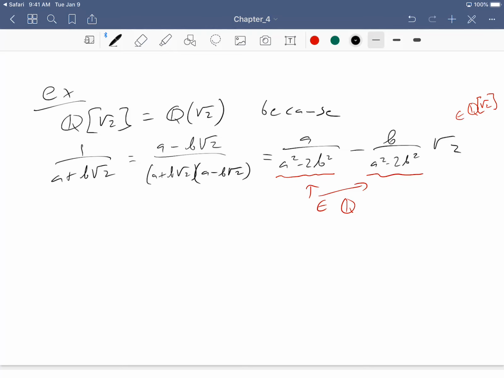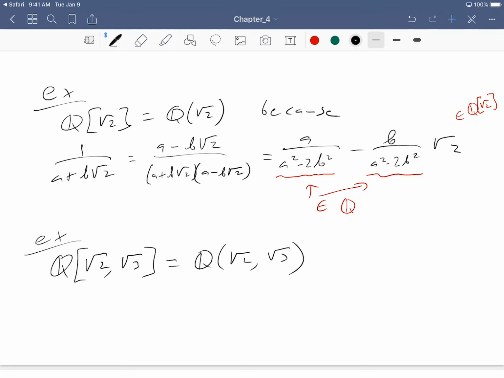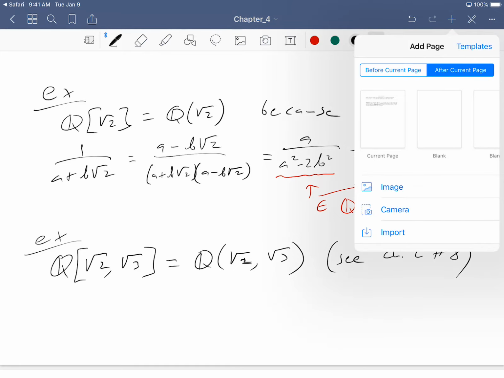Okay, another one that we know is Q adjoin root 2 and root 3 is already a field. And this was one you did for homework, so it was chapter 2, number 8 in the textbook. Okay, so that's another place where this was already a field. You learned how to rationalize that denominator in that problem.